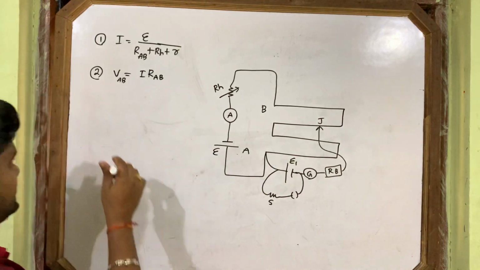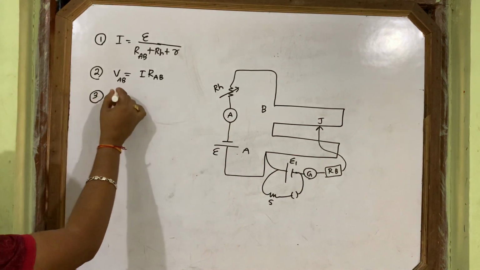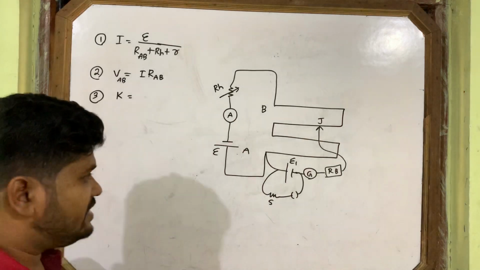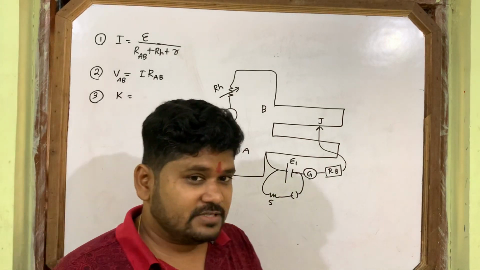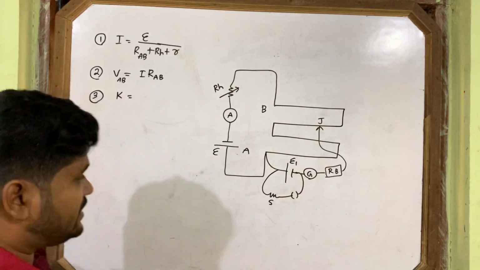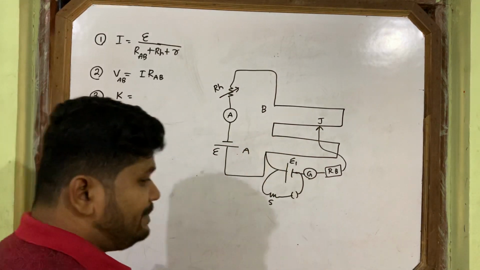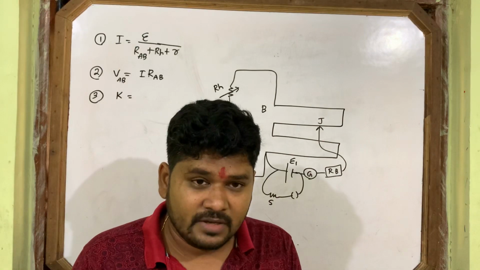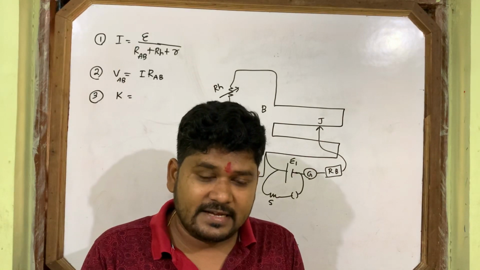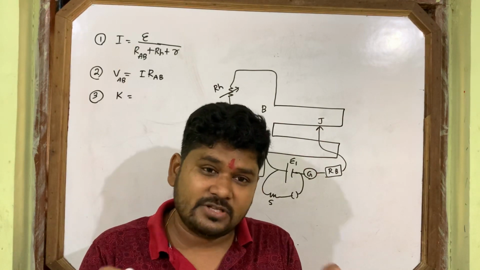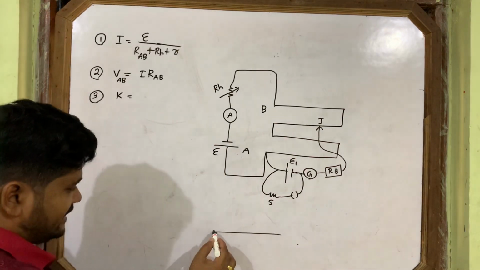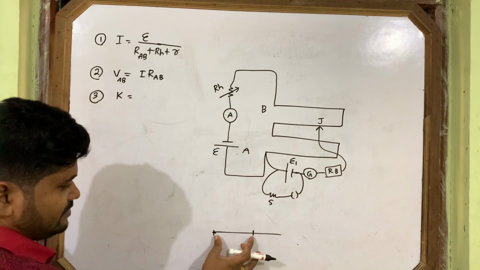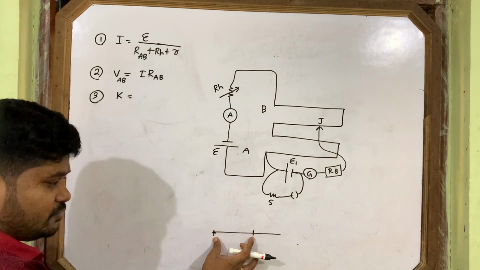Then third is the potential gradient. How will I find the potential gradient here? Potential gradient, you know, K is equal to V by L, from the principle of the potentiometer. So V by L means whatever length you take, you also have to take the potential difference across it. Suppose this is the wire. If you are taking this much length, you have to take the potential difference between those two points.